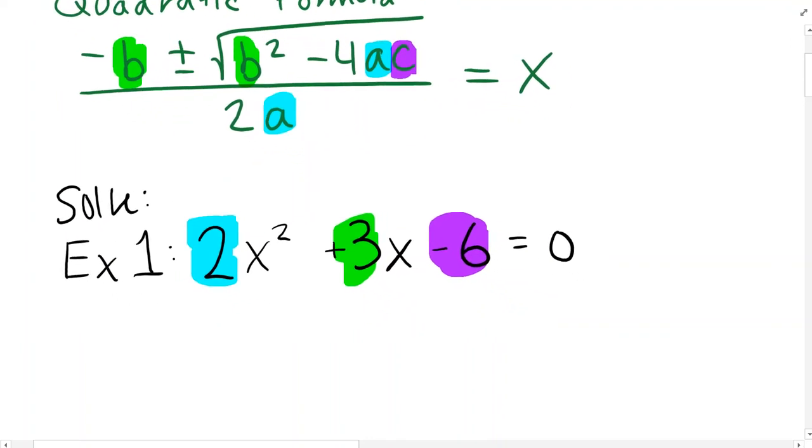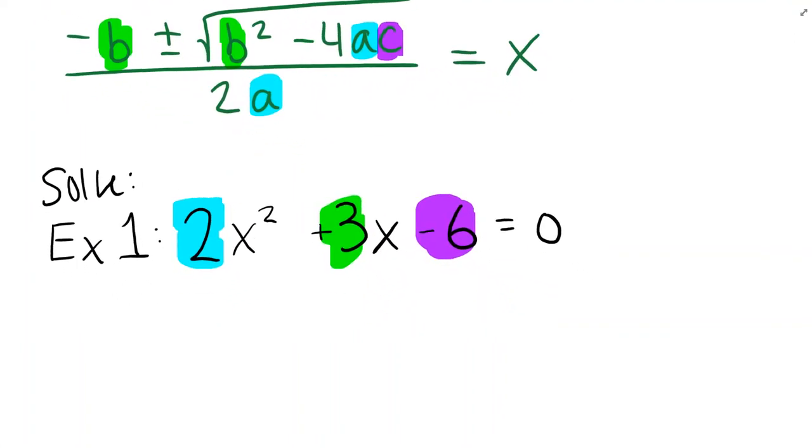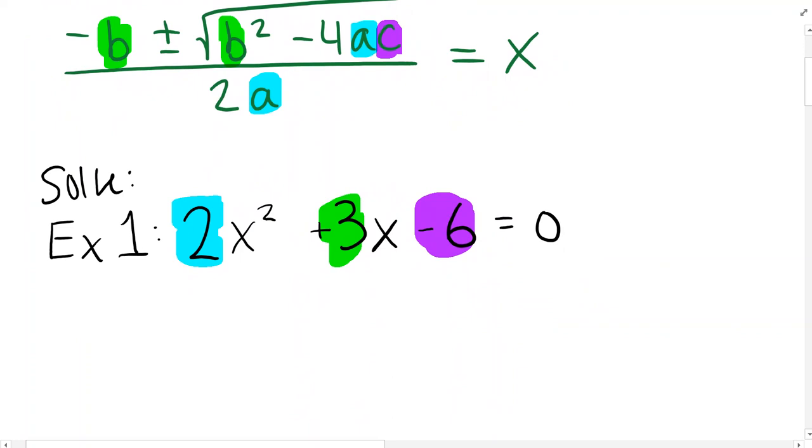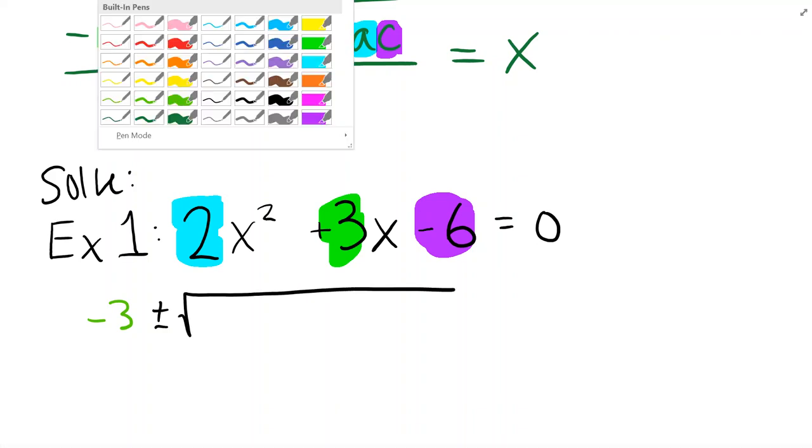I'm going to zoom out a little bit so I can look at my formula and plug in at the same time. I'm going to start with negative b, and that's going to be negative 3 because my b coefficient is 3, and then this is plus or minus the square root of b squared.